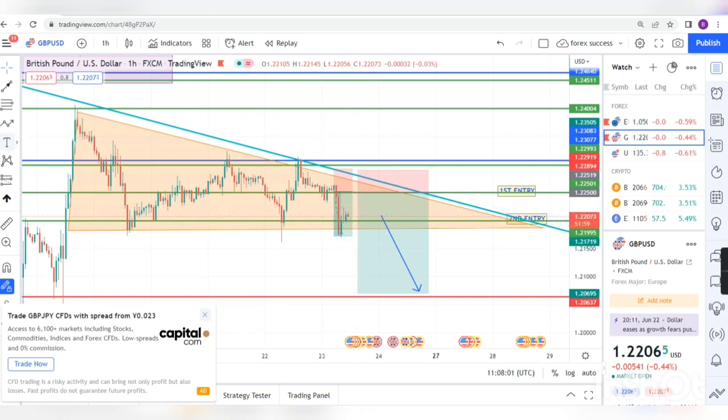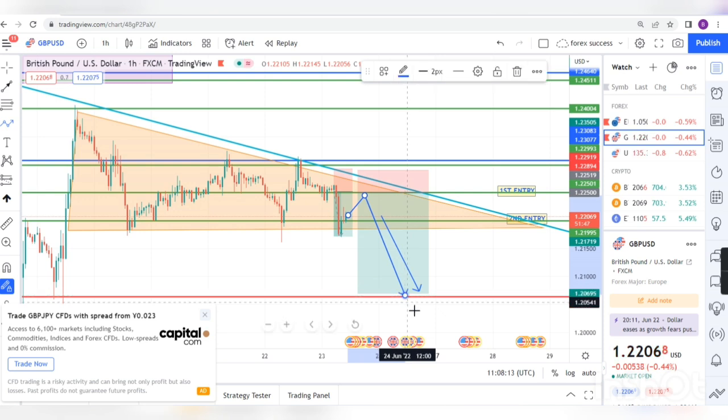So the first prediction is that the market will hit the previous support level, then move straight to the downside. If that doesn't happen, then we'll be expecting the retest to end where it is right now, and then price moves to the downside. That's basically what I'm expecting of this market.